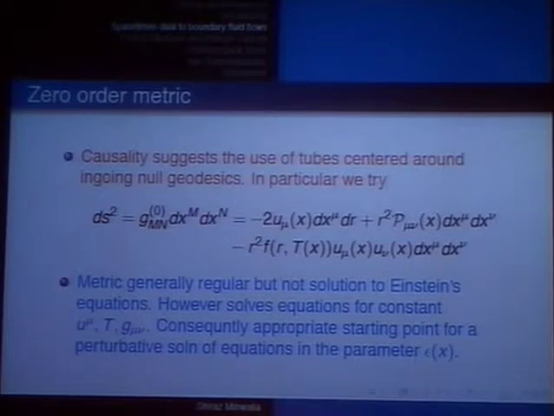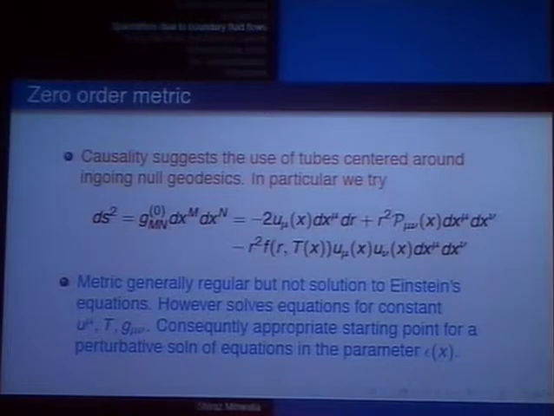So let's make a guess that the solution we'll be looking for is approximately a black brane solution, but written in Eddington-Finkelstein ingoing coordinates. And then we allow velocities and temperatures to be functions of x mu.